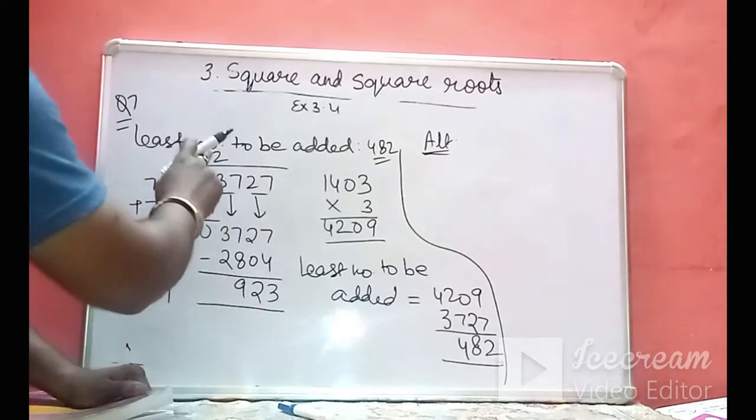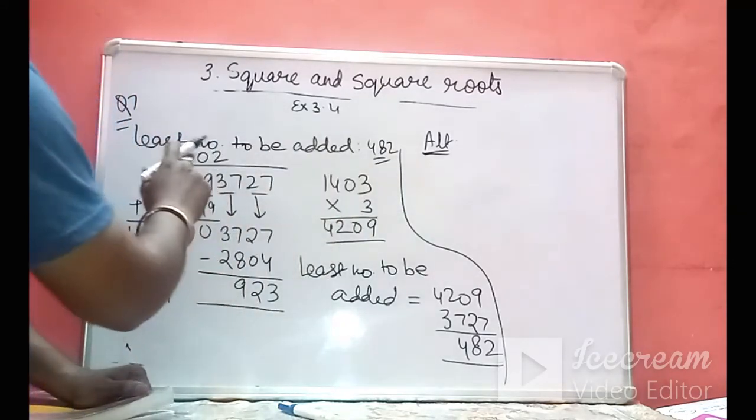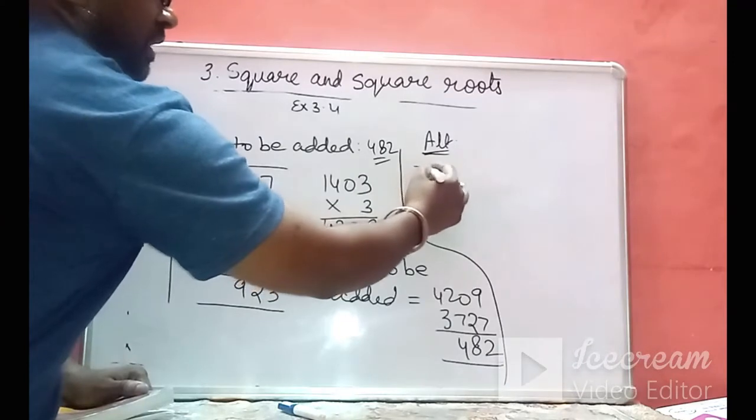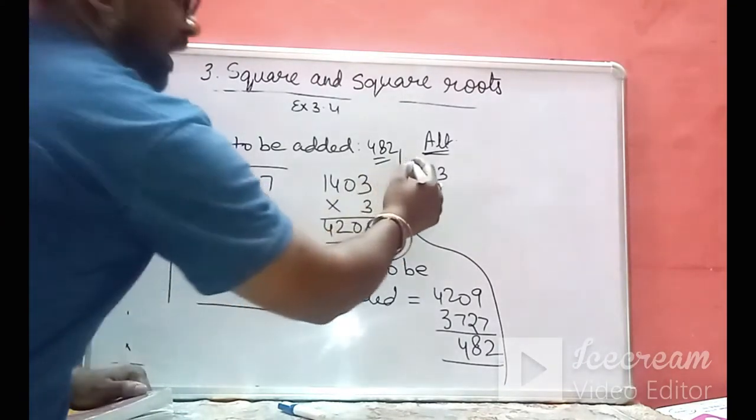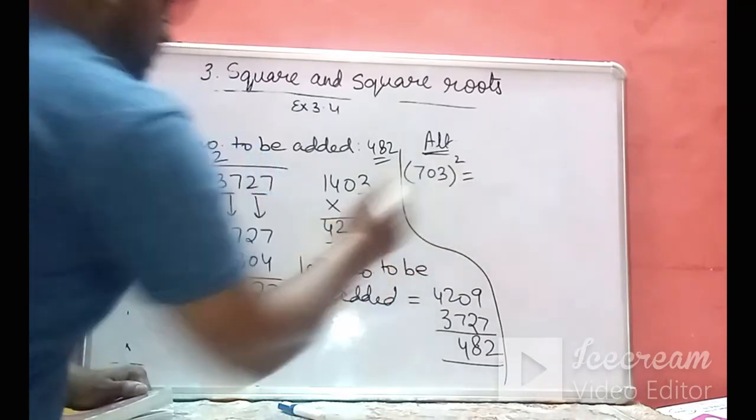The alternative method can be, we can find the next number after 702, that is 703. So we will find the square of 703.